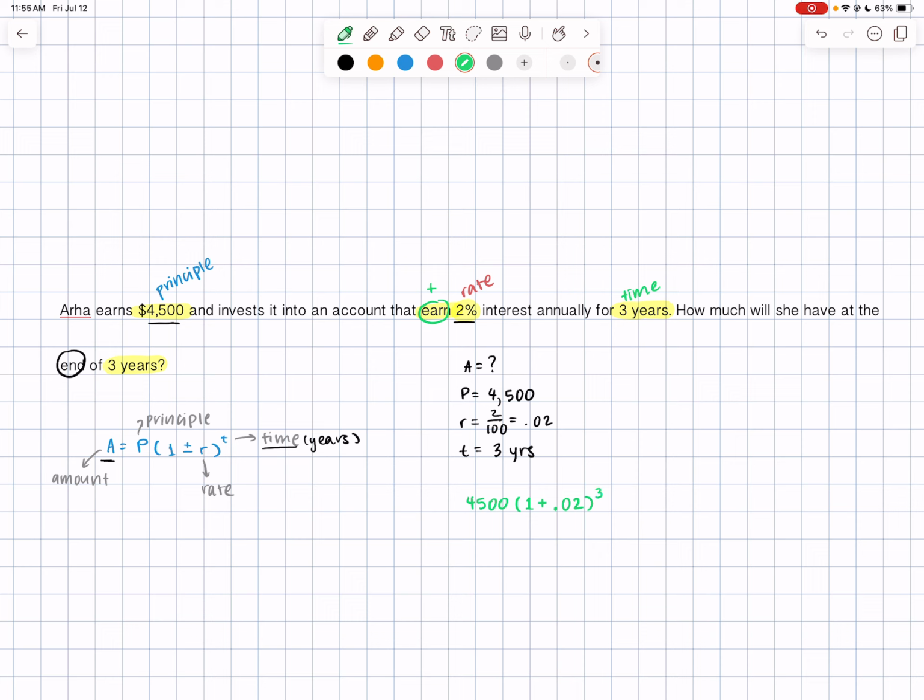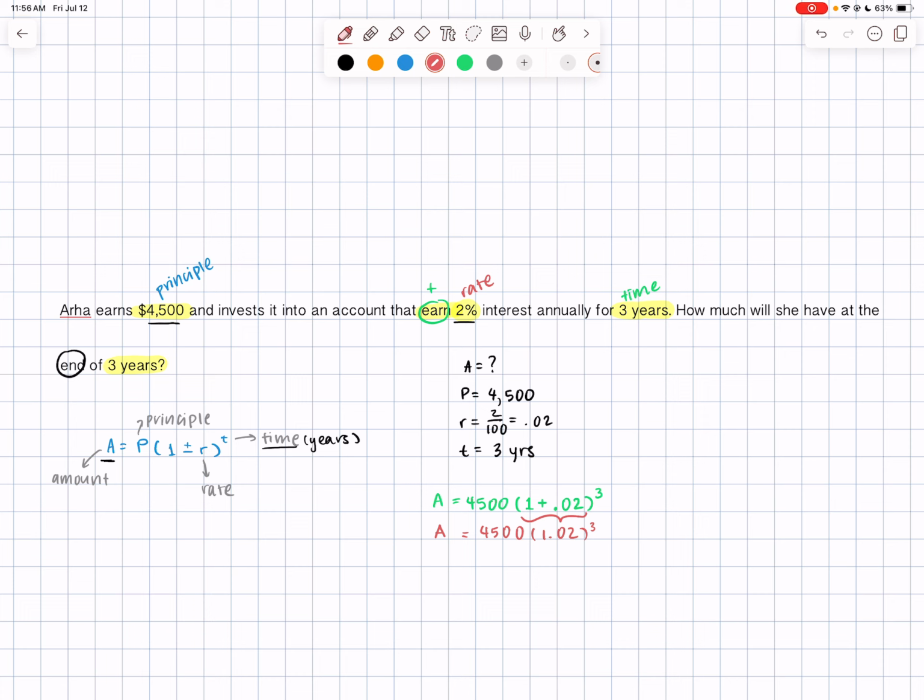So if I put this into my calculator, I'm going to first do 1 plus 0.02, which is 1.02, equals A. So I'm going to get 1.02 to the third, 4,500, just bringing everything down. So once I've combined that, I can do the exponent.